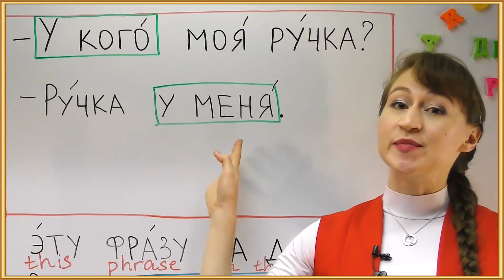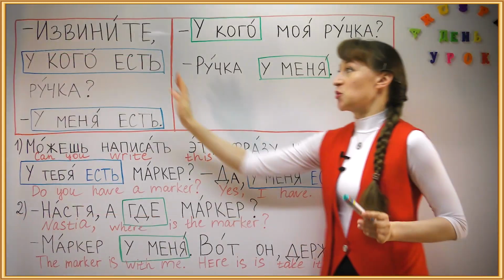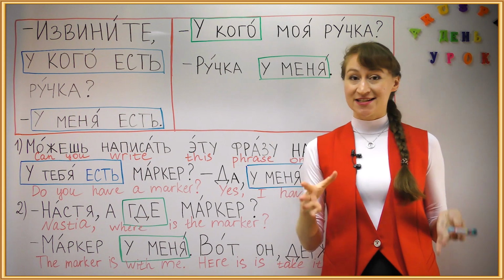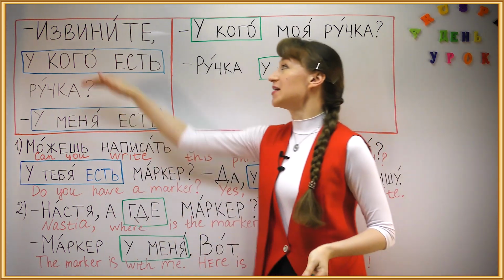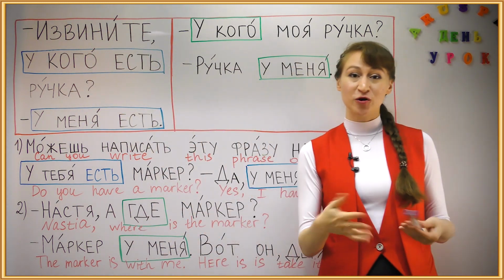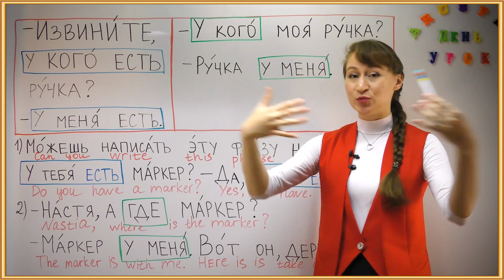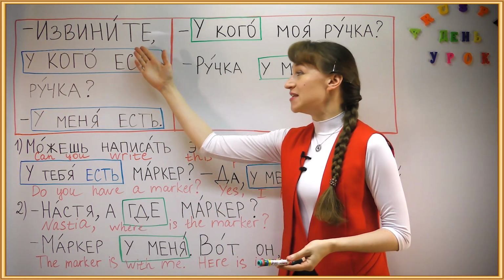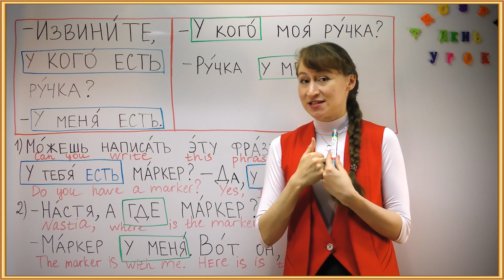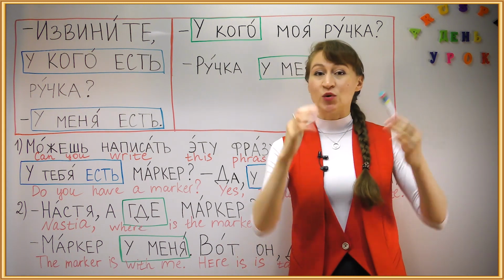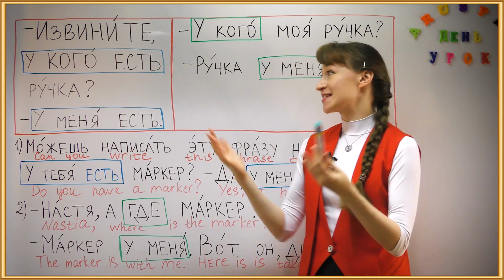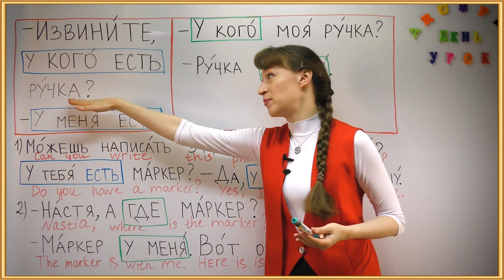Ручка у меня. So here you are asking a group of people. Remember, извините is the plural form of excuse me. You plural, вы. Извините, у кого есть ручка? So in whose universe exists a pen?